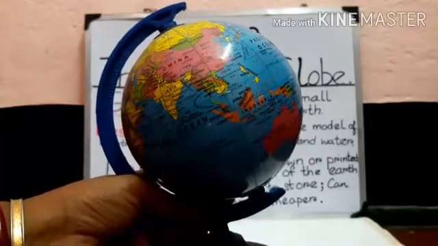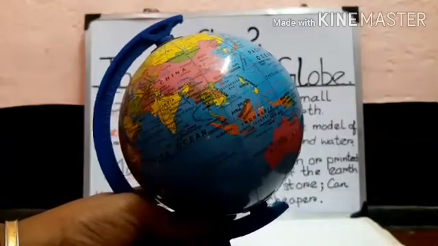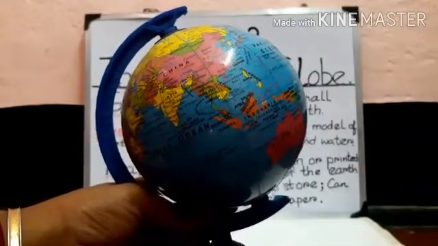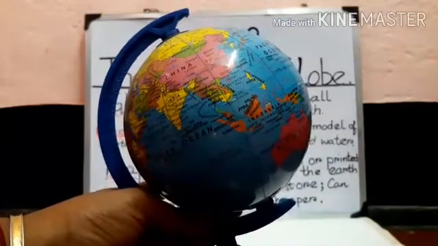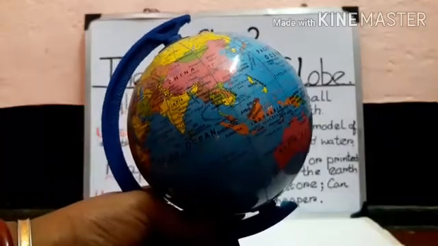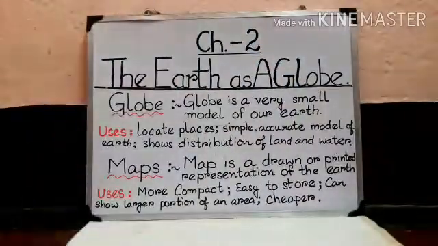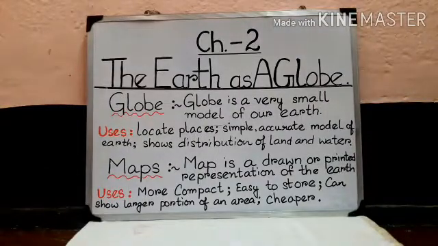Axis is just an imaginary line. Understood? There is no such line drawn on the earth. Axis is just an imaginary line to divide the earth into two halves.